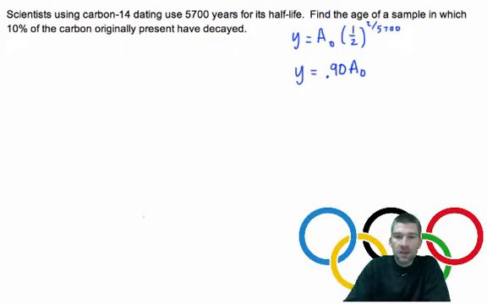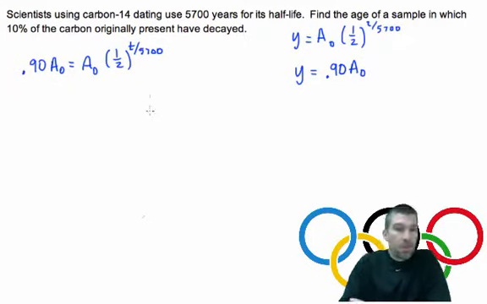So we're going to substitute all of these things in here, where you're going to have 0.90 times our initial amount is equal to our initial amount times 1/2 to the t over 5,700 power. Not hard.